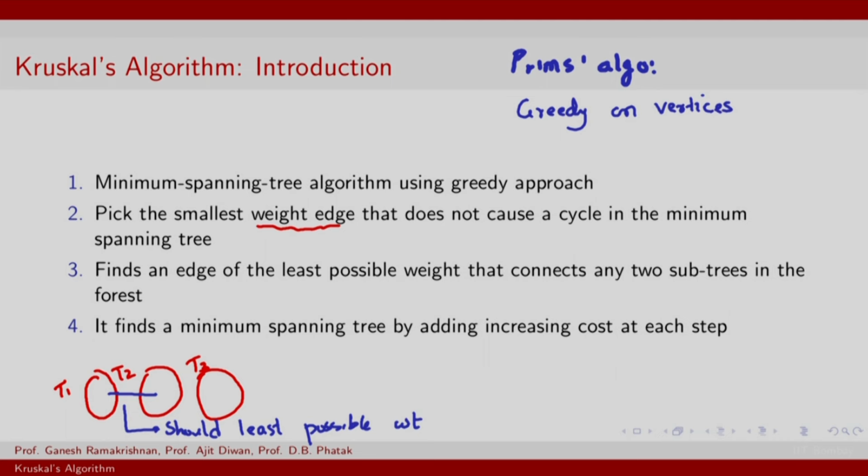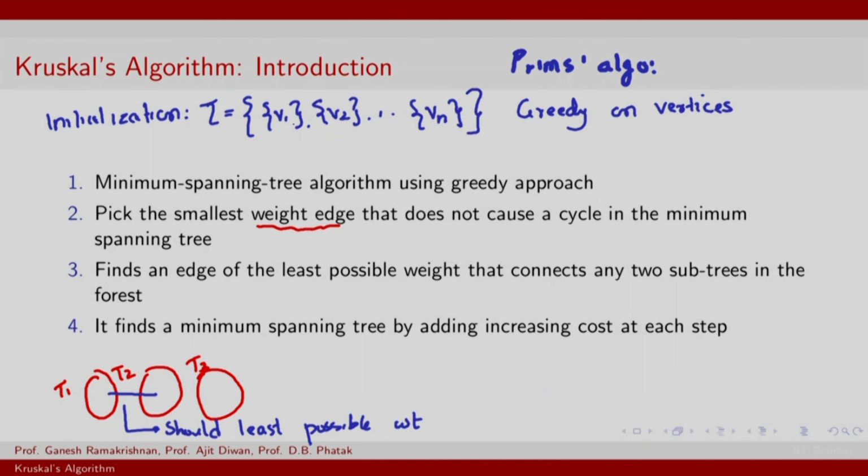So initialization is based on a forest which consists of singleton sets, each tree will be a single node. Your set of trees T is vertex 1, vertex 2, up to vertex n. This is basically your forest. You have no edge added to begin with, and then you introduce edges.